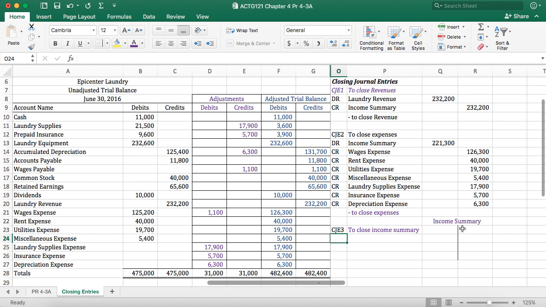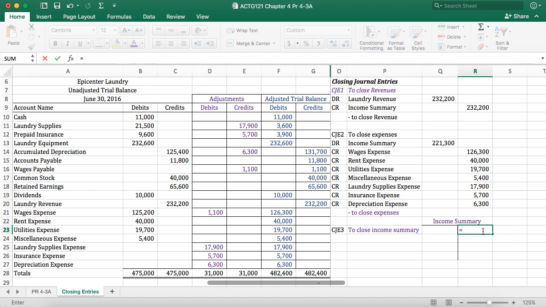So there's my T account. So let's go back. There's a credit in income summary. Let's put a line under here just to make it a little easier for you to view. So there's my credit. Here's my debit. Right? So there's a debit from CJE1. Here it is. There's a debit from CJE2 right here.